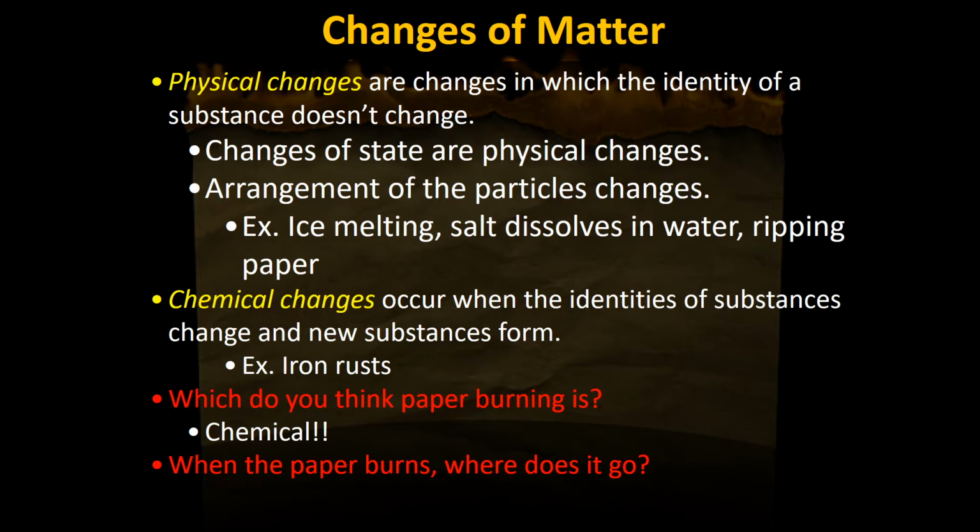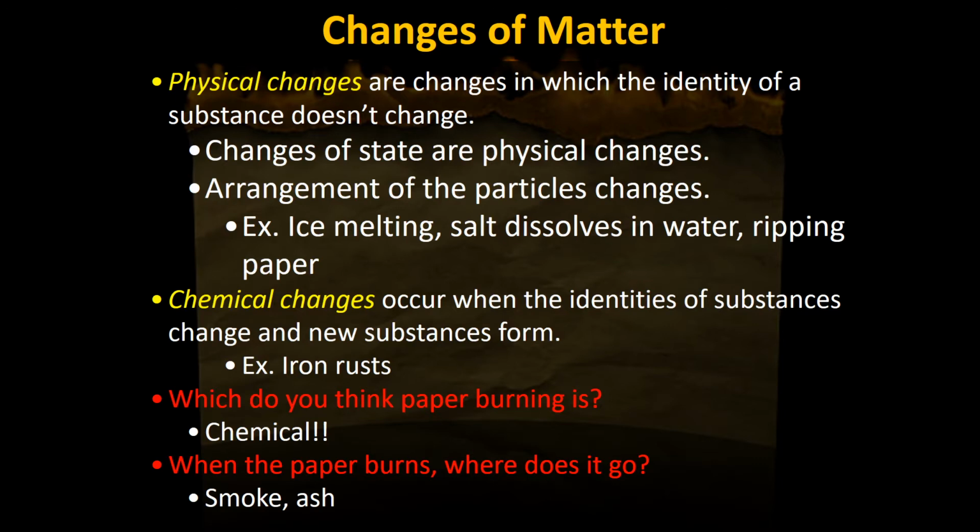Paper is mostly made out of wood. It's made out of cellulose, the primary cell wall material of a plant. Whenever you burn it, it turns into carbon, which would be the ash, and CO2, which is the smoke, along with other trace elements.